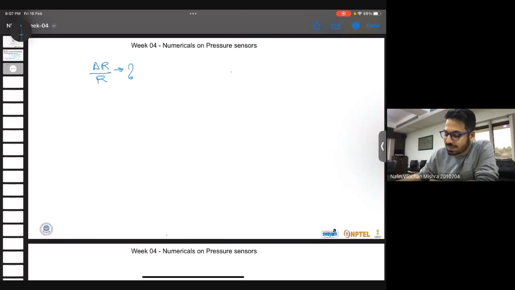So what is delta R? Delta R is the change in resistance.